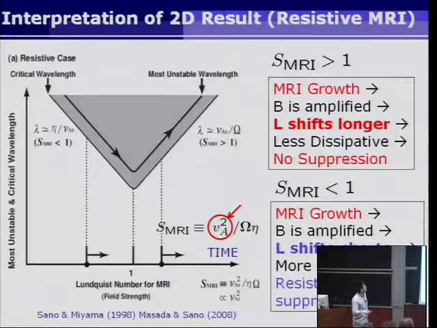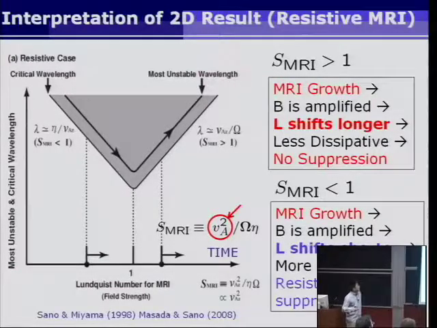If initially the Lundquist number is larger than unity, then as the MRI grows, B is amplified, and the characteristic scale is proportional to B. So the scale shifts longer, which means it goes to a less dissipative situation. That's why we couldn't see any suppression in this case.